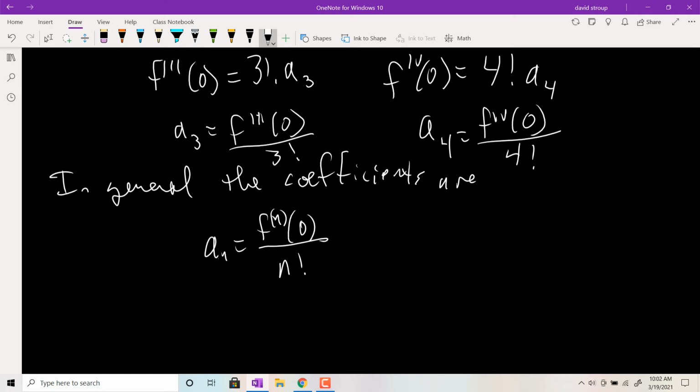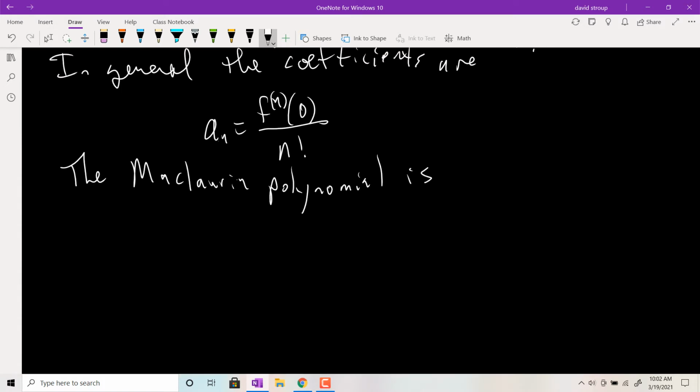So the Maclaurin polynomial is p sub n of x equals a sub 0 plus, and a sub 0, we want to write it in terms of the function, right, f of x.